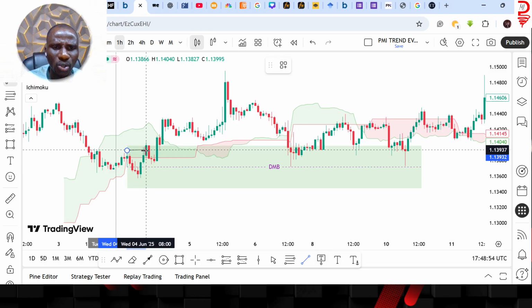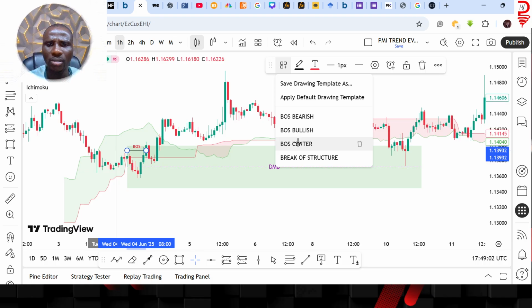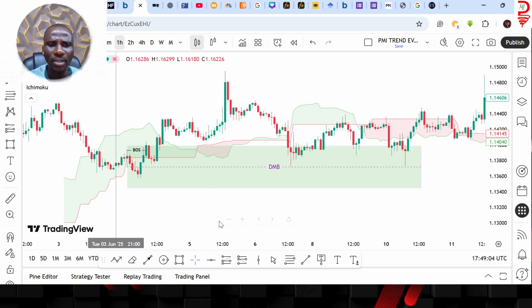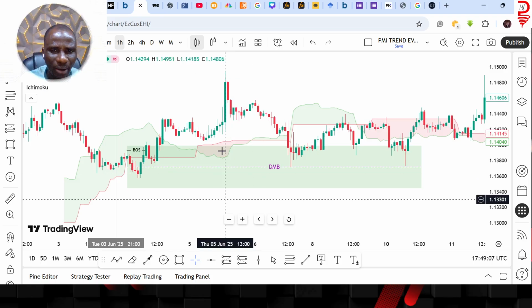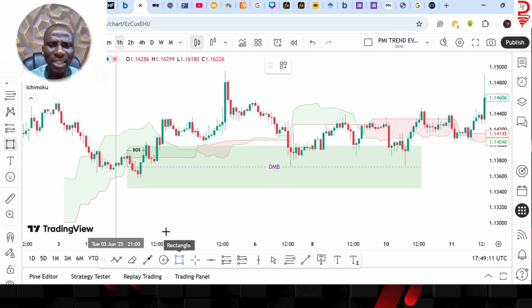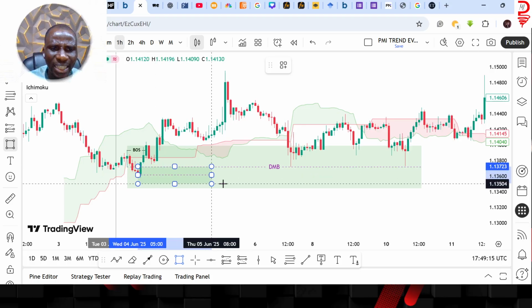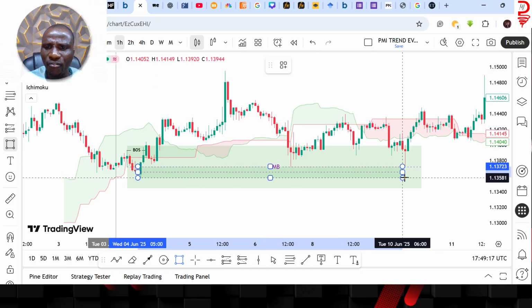A break of structure around this place. Break of structure bullish. This is within the money box now of the daily impulsive wave. I want you to look very closely. The last candle of the origin is your area of emphasis.